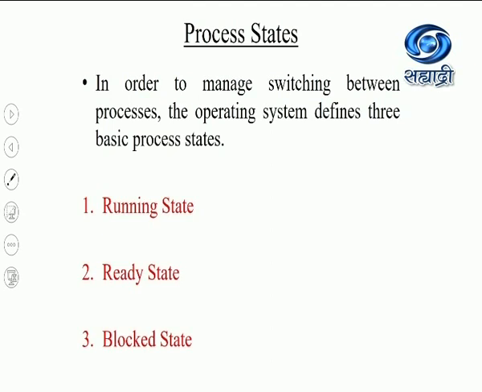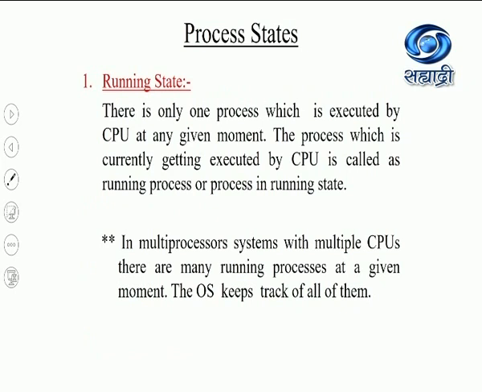Next important concept is process states. In order to manage switching between processes, the operating system defines three basic process states: running state, ready state, and blocked state. Running state: there is only one process which is executed by the CPU at any given moment. The process which is currently getting executed by the CPU is called the running process or process in running state.